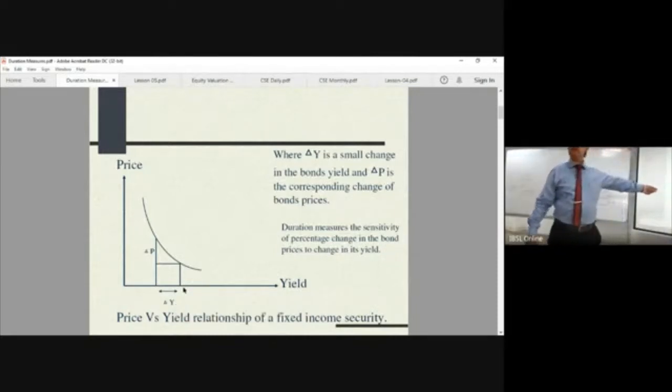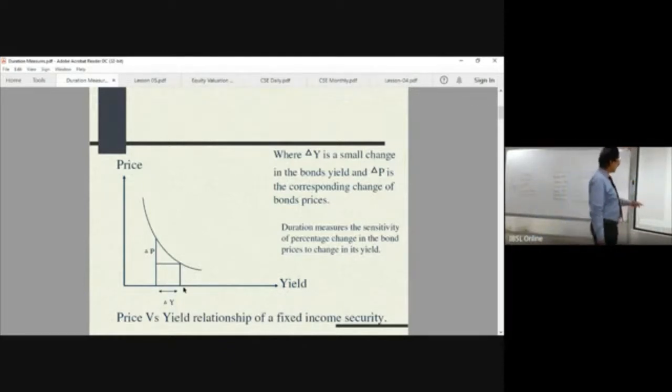If the interest rate increases by delta Y, what could happen to the price? At this point, the price is this. At this point, the price has come down to this. Then there's a price change, delta P. Delta P is the length of this.